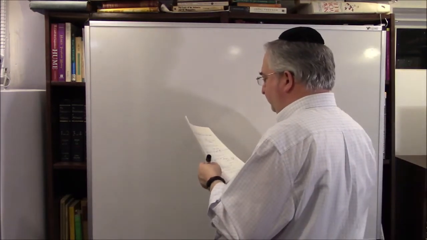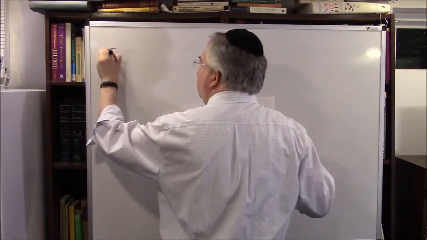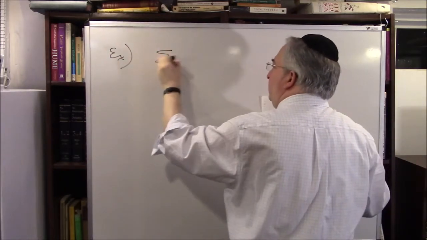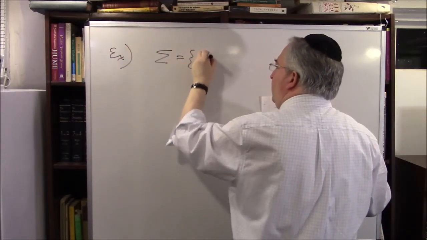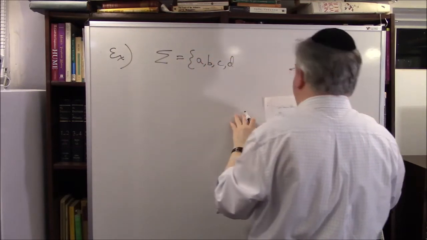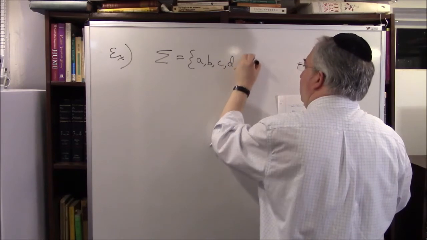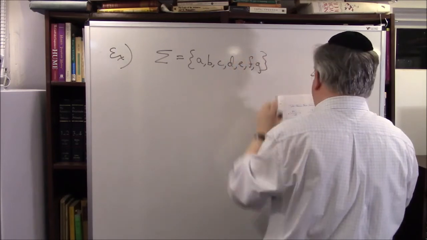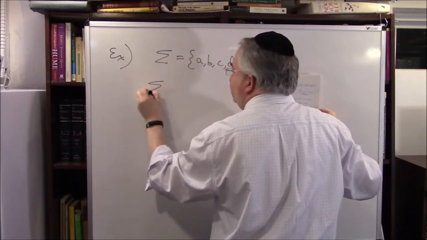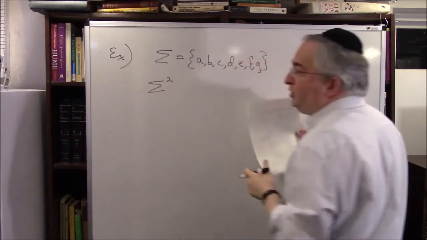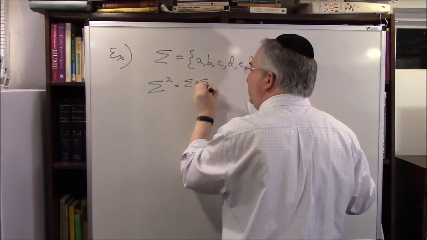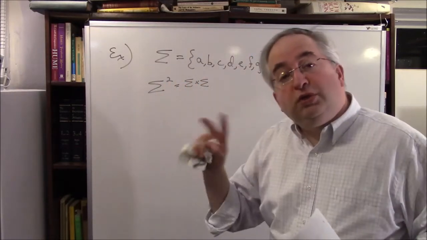Okay, let's do an example. Sigma is equal to A, B, C, D, E, F, G. And so we could talk about sigma squared. Sigma squared, just to remind you, is sigma cross sigma, which is 2-letter words.